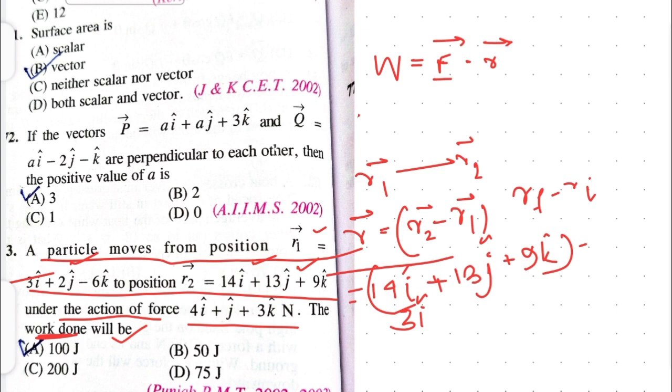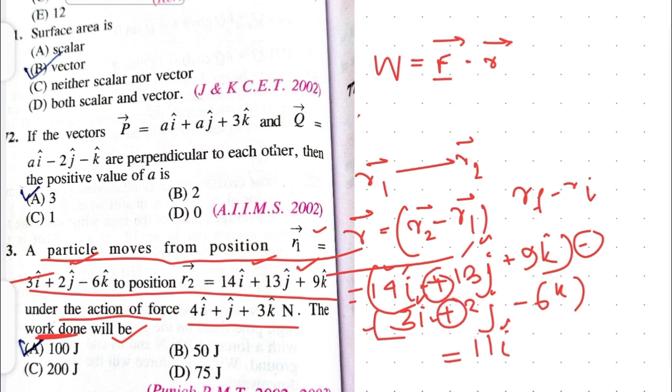So r1 is 3 i cap plus 2 j cap and minus 6 k cap. Okay, what will be the answer of our vector? Only i and i, so 14 minus 3, 11i, plus and plus, 13 minus 2, it's 11j, and plus 9, but minus into minus it will be plus again, so 9 plus 6, it's 15k.